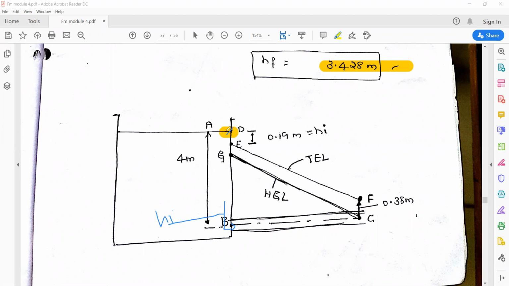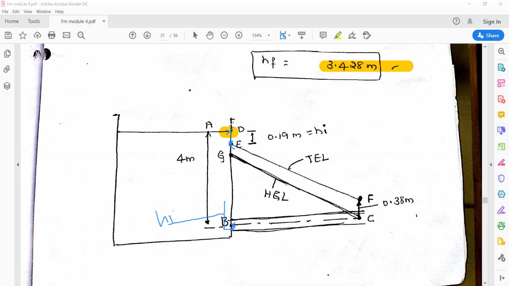So from the total head of 4 meter, you need to subtract 0.19 meter, or straight away you can measure 0.19 meter from point B, mark it as E, and join D to E. Initially you mark D at 4 meter, later you find HI, which is at the entrance, and straight to this you can mark point E. How do you mark point E?